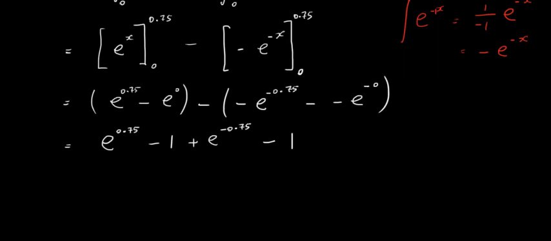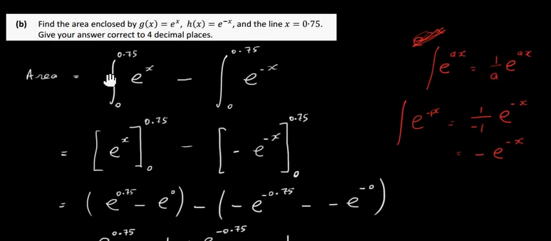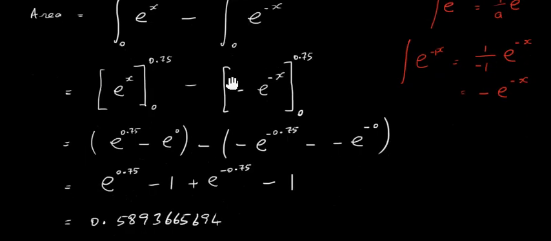Now, when you actually work this out, you can just do this on your calculator. It's fairly straightforward, and you'll get 0.5893665694. The question says, I think, give your answer correct to 4 decimal places.